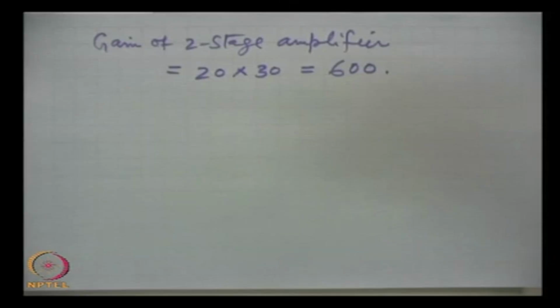Now, we have talked about decibel scale, dB scale. When gains are expressed in dBs, then for multi-stage amplifier, the dBs are additive, because dB is a log scale. So, the product becomes an addition in logarithmic algebra.